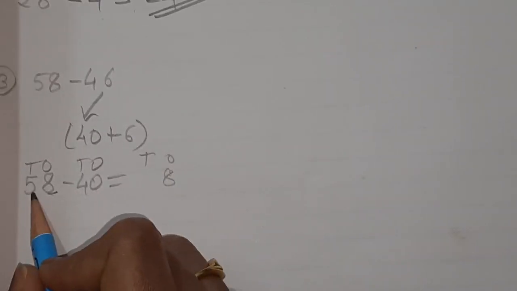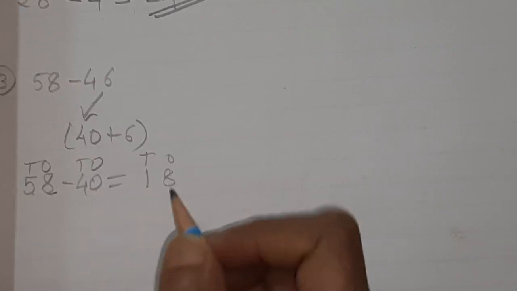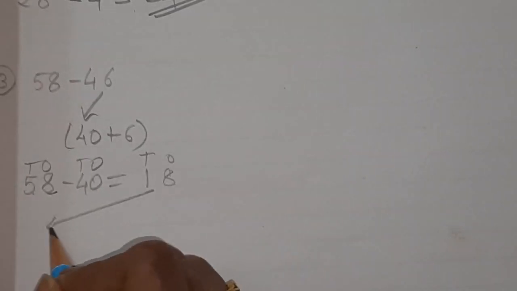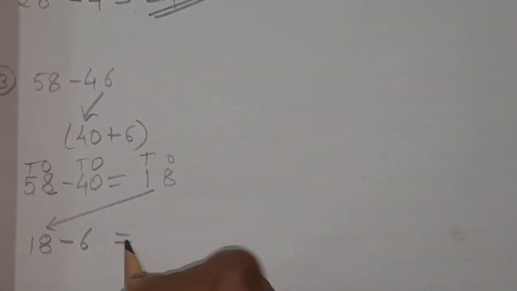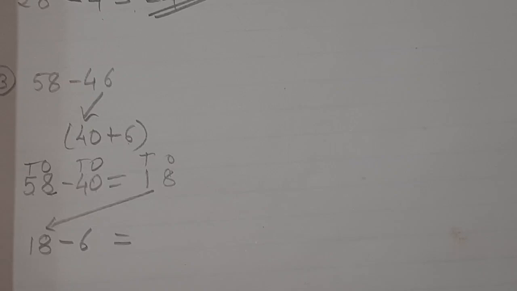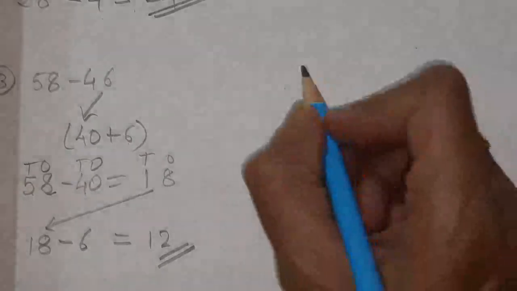Then tens column, 5 is there. Open 5 fingers and cut 4, will get 1. Here 18. Now this 18 we have to take first and cut 6. So count backward. 17, 16, 15, 14, 13 and 12. So here is your 12 answer, final answer.